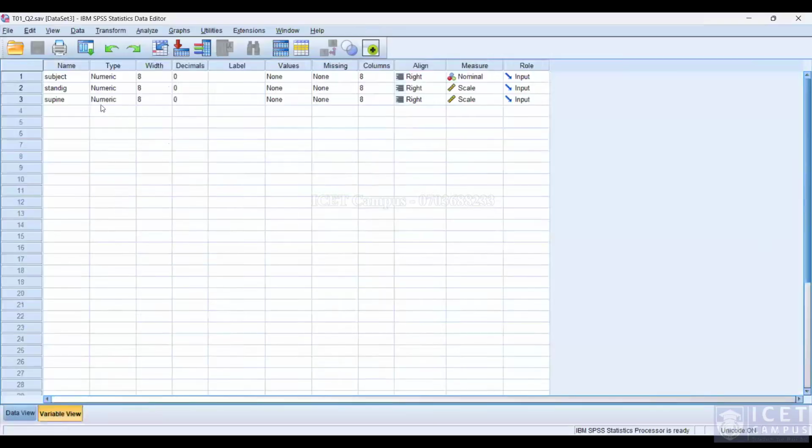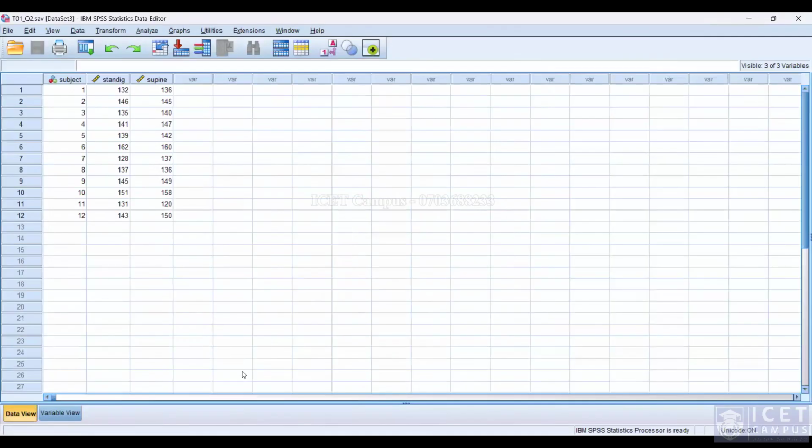Here you can see the variables: subject, standing, supine. Then we can enter the data in the data view, as given in the tutorial.